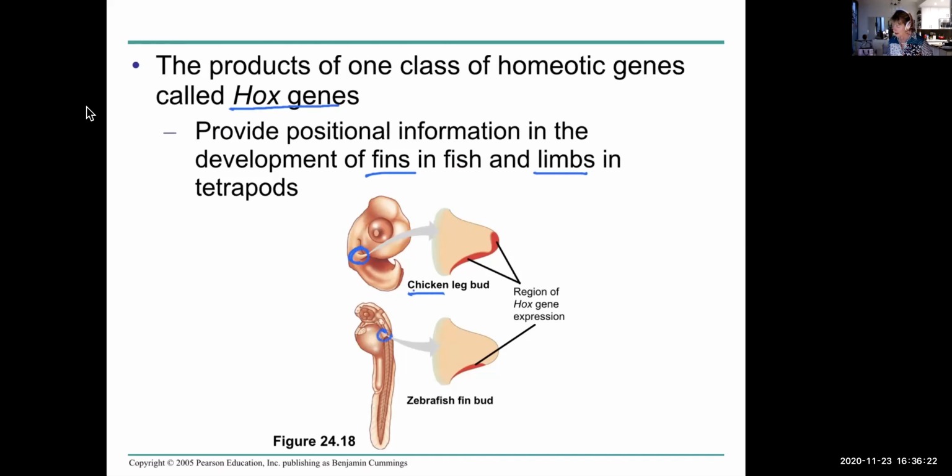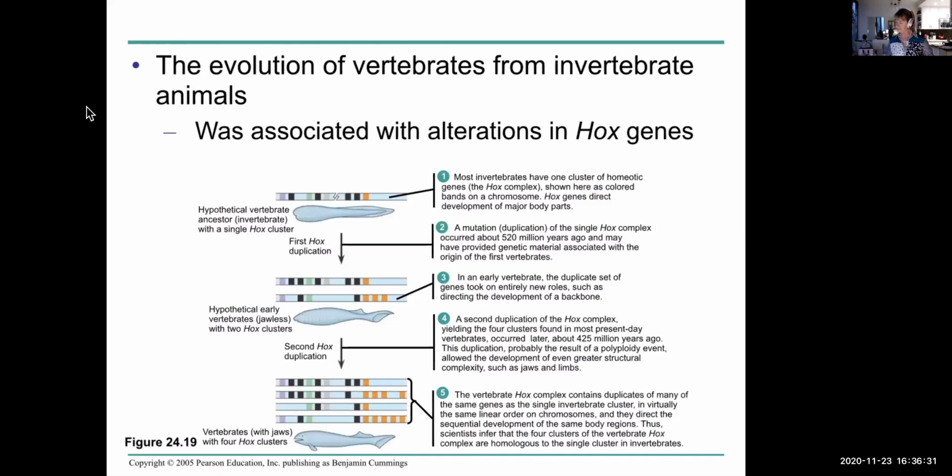And here's a zebrafish. That's the bud of the fin. Different positions. So vertebrates from invertebrates, you can associate with alterations in Hox genes. We're not going to get into this too deeply.